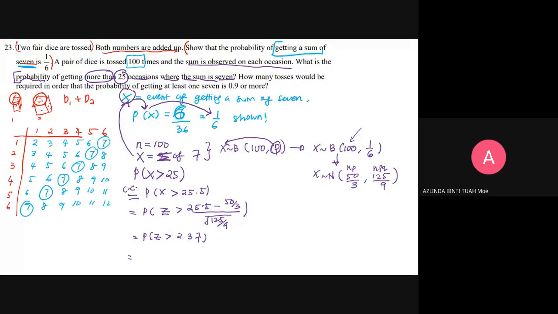So straightforward from the table: 0.0089. Okay, thank you.